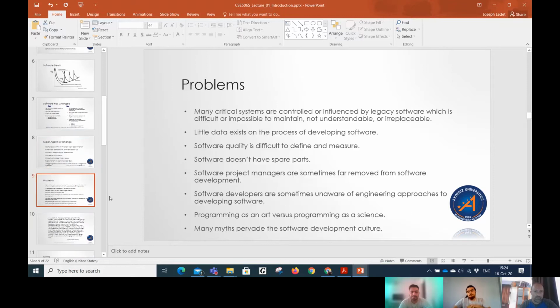Some problems: many critical systems are controlled or influenced by legacy software. This is especially true in government systems, like worldwide government systems.